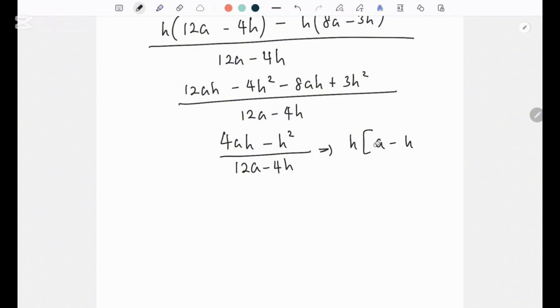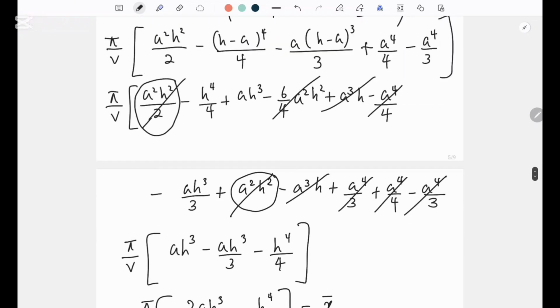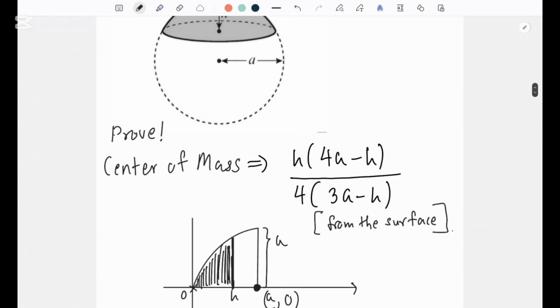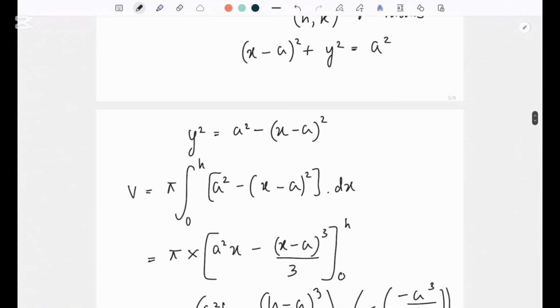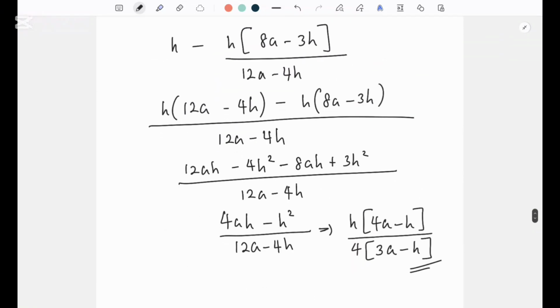Over, and from the denominator you can take out 4, and you can write 4 into 3a minus h, right? I'm thinking this was the answer. And yep, it is correct. So we got the answer, right? Wasn't that bad? Yeah, it's a big question.